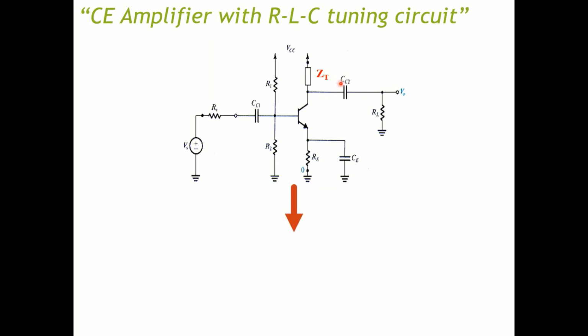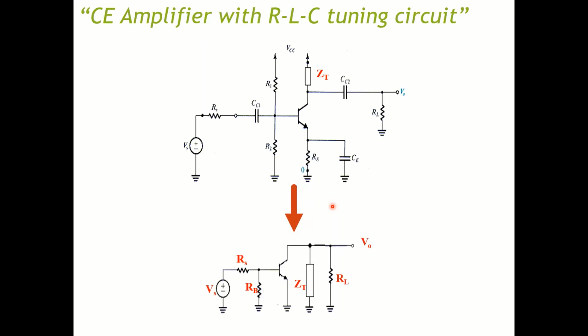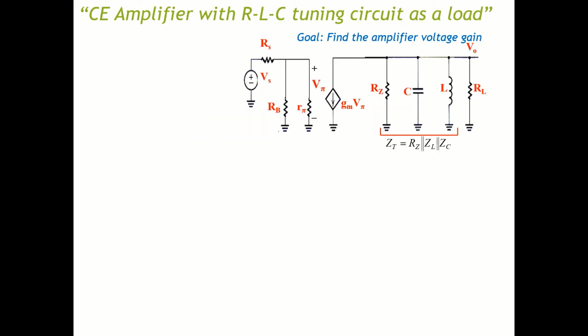So if I have this circuit here, for small signal, I can draw the equivalent circuit like this one, right? So basically everything up here is grounded. This RB here is the equivalent from R1 and R2. So R1 parallel R2, you can calculate that. So we can break down the ZT into RZ parallel ZL and parallel ZC.